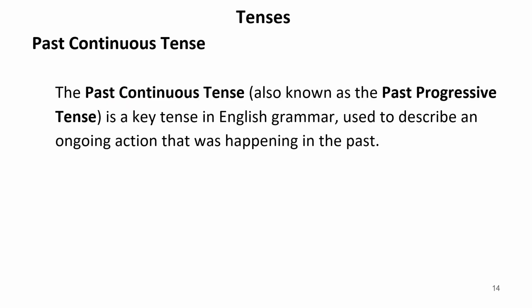Now, we have another important tense, that is past continuous tense. Continuous, as I told you, is always in the ing form or the progressing form. Also, it will contain the verb be forms. Also known as past progressive tense, it is a key tense in English grammar used to describe an ongoing action that was happening in the past.